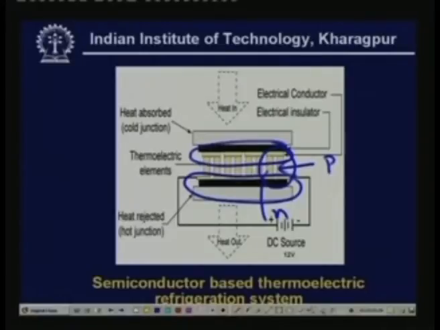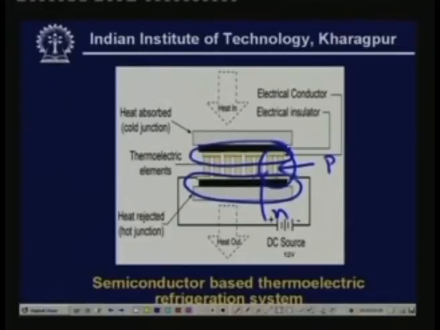Now when you connect this thermoelectric module to a DC source, let us say at 12 volts, and start giving the power supply, electrons will flow through the P and N elements and through the thermoelectric module. As I mentioned, as electrons flow from P to N, they produce a cooling effect, so you have cooling on this side. When it flows from N to P, you get a heating effect, so this junction is hot.